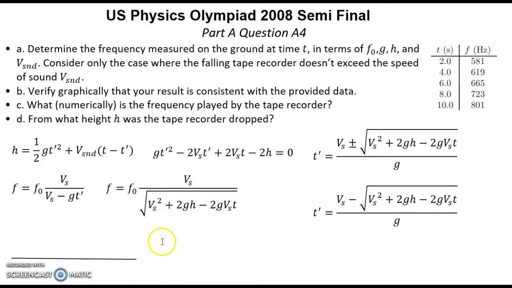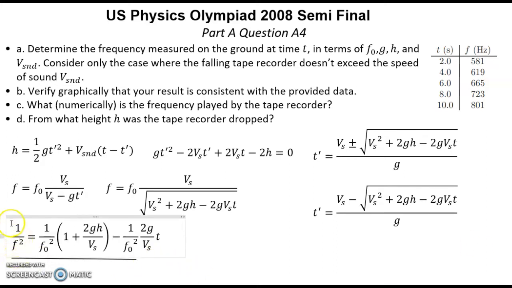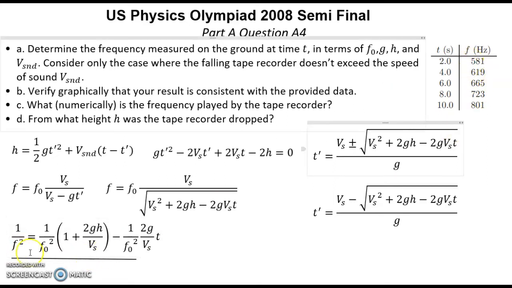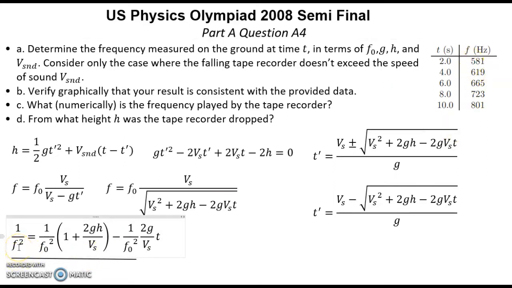In that case, we have to square both parts and invert them, and we will get this expression. That's a linear function. We already have numbers for frequency, we can put them here, and we have time. So hopefully this function will look like a linear function.